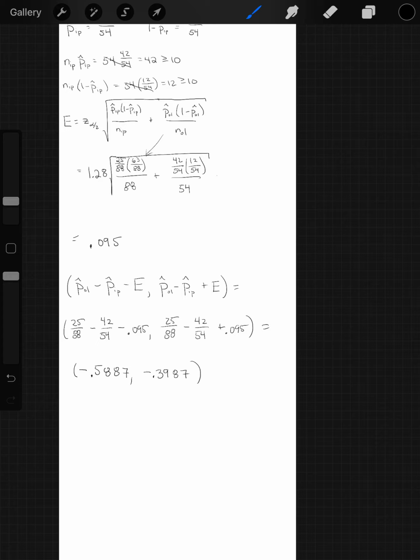So what we have here are two negative numbers, right? So remember, if we get two negative numbers, that means that we have subtracted the bigger one, right? So that tells us that the one that came in second here is the one that's bigger.